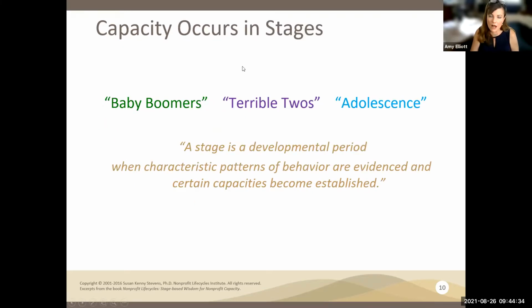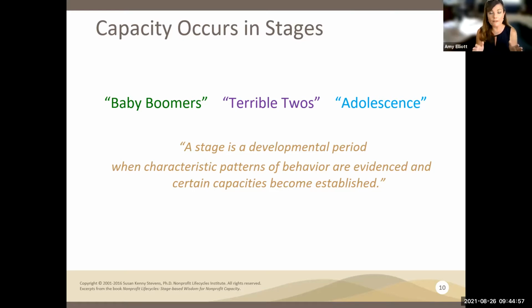I already talked a lot and gave a lot of examples about capacity occurring in stages. And so when we say stage, life cycle stage, know that we're talking about a developmental period, right? So I use toddler and teenager. Those are developmental periods that have patterns of behavior.